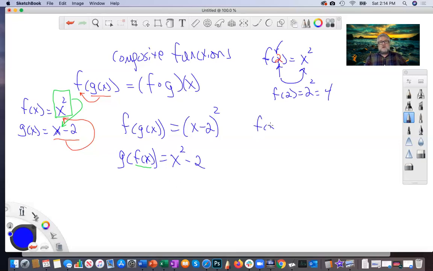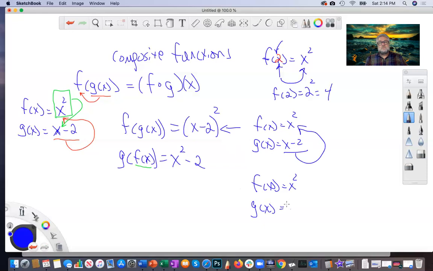So I had f of x and I had g of x, and I plugged this into the function f to get that. And then likewise, I took this and jammed it in there for doing g of f of x. So the one on the inside is the one we plug into the one on the outside. That's always the case for composite functions.